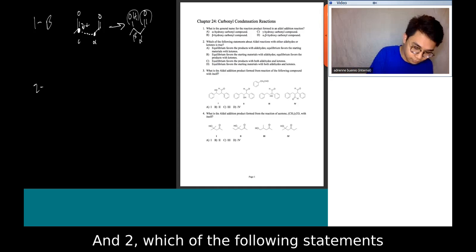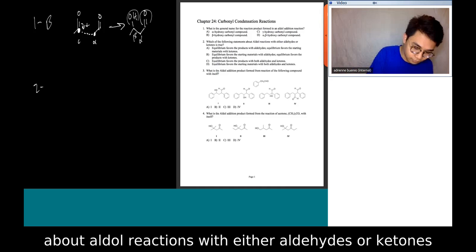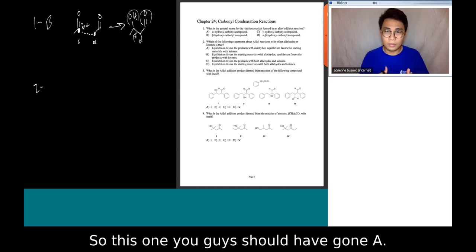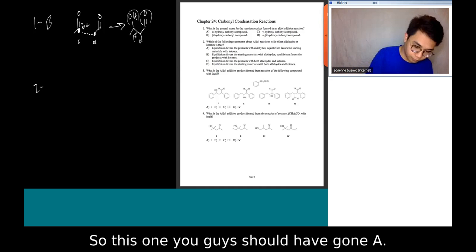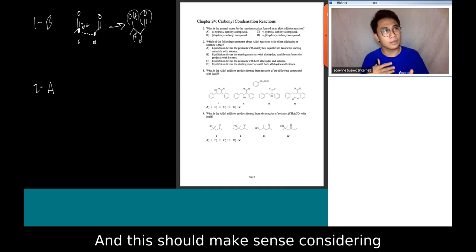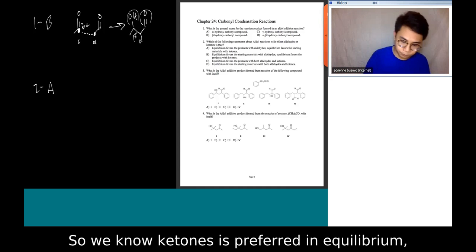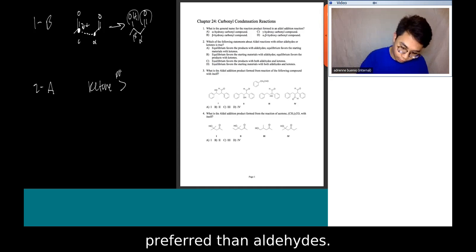And two, which of the following statements about aldol reactions with either aldehydes or ketones is true? So this one, you guys should have gone A, right? And this should make sense, considering what we learned last chapter. So we know ketone is preferred, right, in equilibrium, over aldehyde.